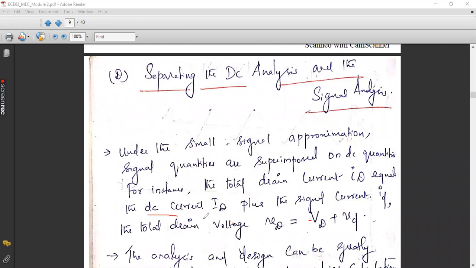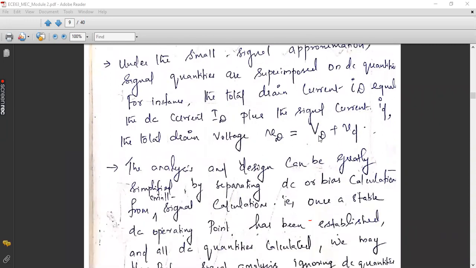So this is actually the small signal approximation. Small signal approximation involves superimposing the signal over the DC quantities. So after superimposing, we will be able to get this equation for small letter VD in terms of capital VD as well as your pure AC component.